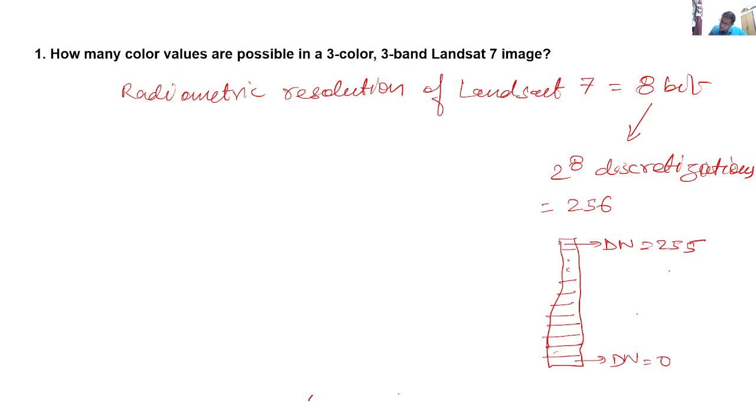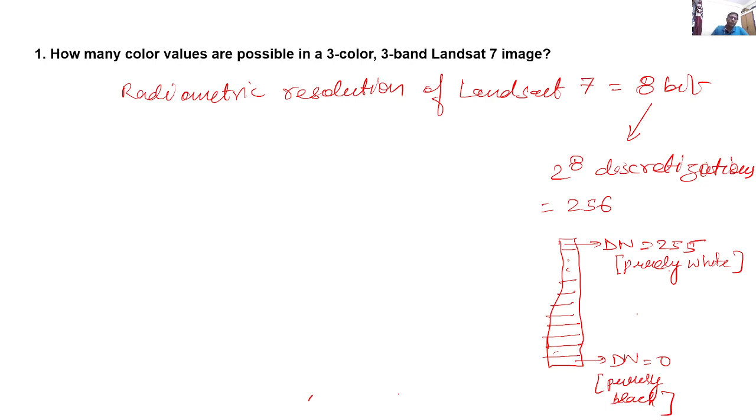The DN with the lowest value would be the purely black pixel, and DN number 255 would be purely white. The ones in between would be different grayscales, transitioning from darker grayscales to brighter grayscales as we transition from DN equal to 0 to DN equal to 255.